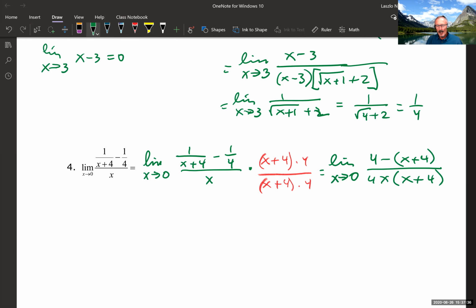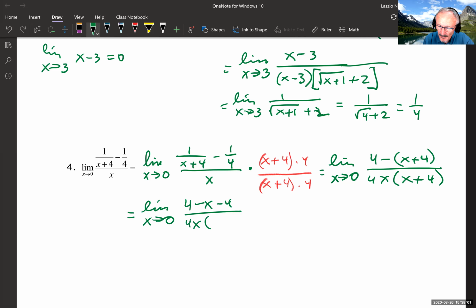Now, the factor we're hoping to cancel out is the x, because that is what's making the denominator 0. So let's see what we can do. If you distribute the negative sign here in the numerator, we end up with the limit as x approaches 0, and you have 4 minus x minus 4. That gives us a lot of hope.